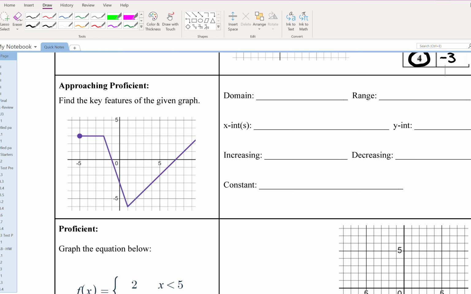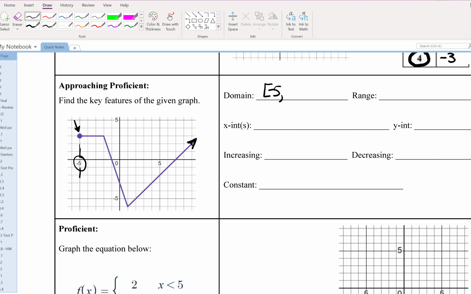So the domain is the x values, and this goes as far as -5 to the left. Because of the closed dot, that means -5 is also included, so we're going to put a bracket, -5. And then as we go over to the right, we see that it goes to the edge of the graph, so we want to assume that it continues.